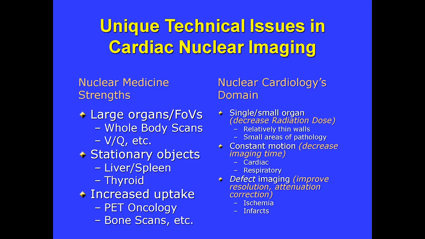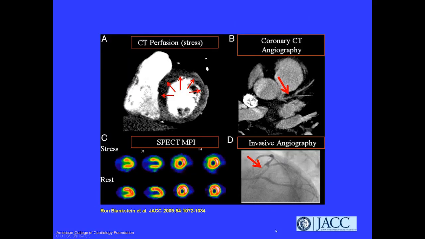On top of that, we're trying to improve resolution and attenuation correction and other issues to sort out what may be defect artifactually. So really, we're taking the weakest portions of nuclear medicine and applying them to nuclear cardiology to come up with a scan, one of the most technically difficult procedures to perform overall.